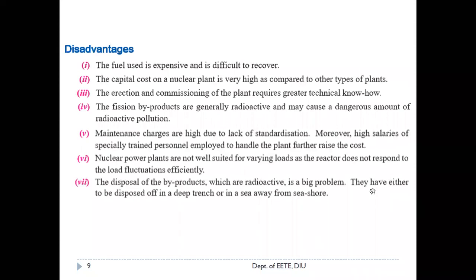There are some disadvantages also. I already discussed that only 1 kg of uranium is equivalent to 4,500 tons of high grade coal. But the availability of uranium is not as easy as coal. It is too expensive, you have to pay huge money.